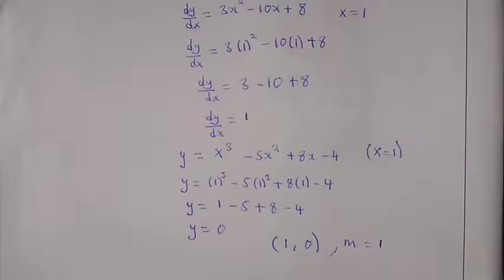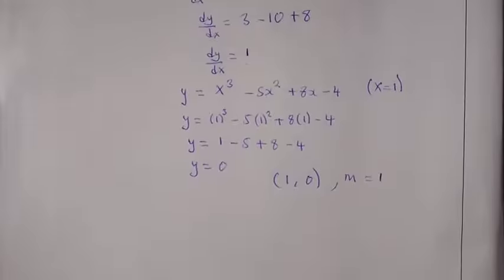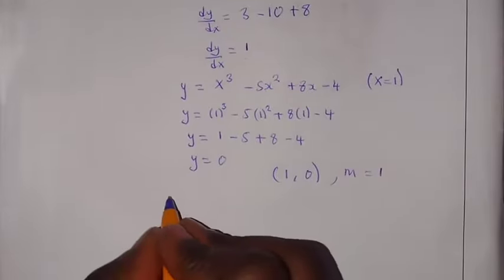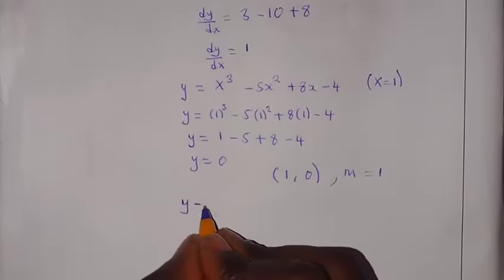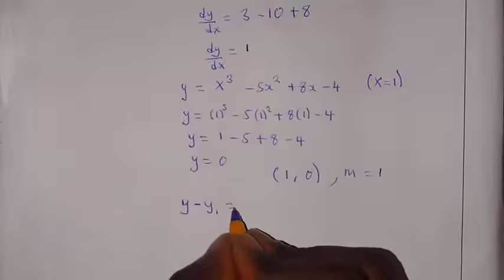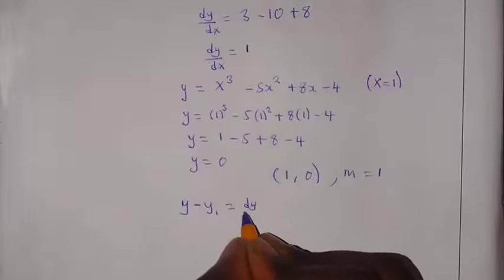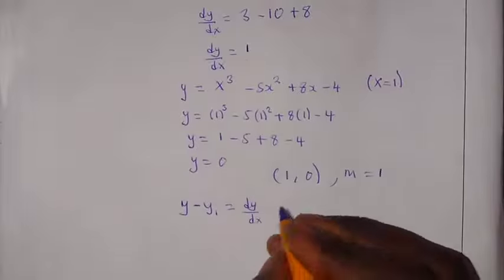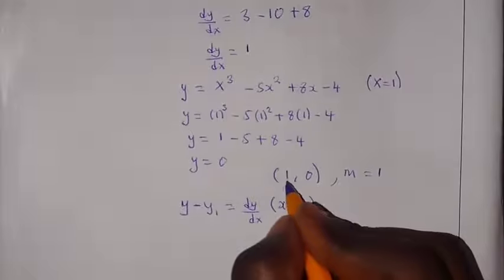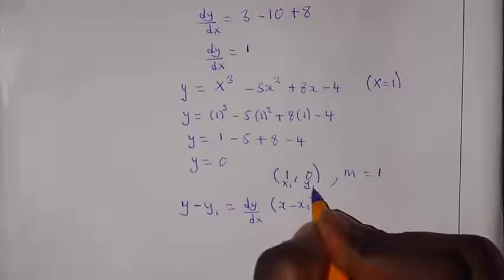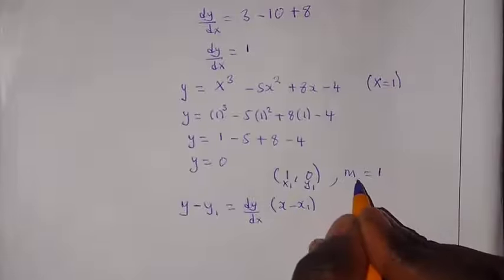Now, since we have these 2 points, we can find the equation of the tangent. So to find the equation of the tangent, now we are going to use this formula, y minus y1 is equal to, we can say dy/dx, or we can put m is fine, then x minus x1. So this is x1, this is y1, this is the gradient or dy/dx.